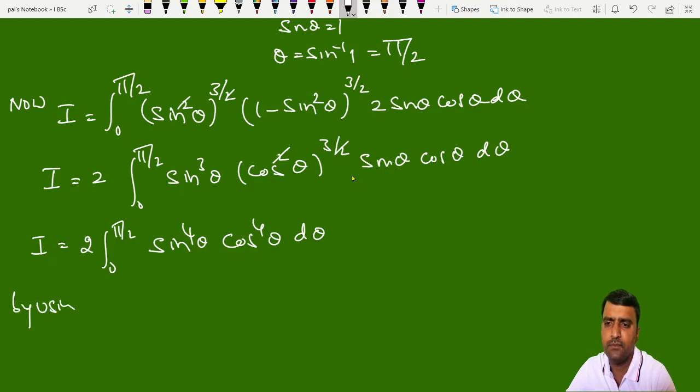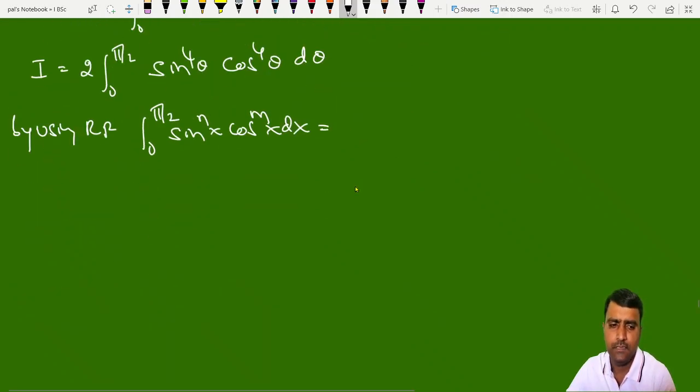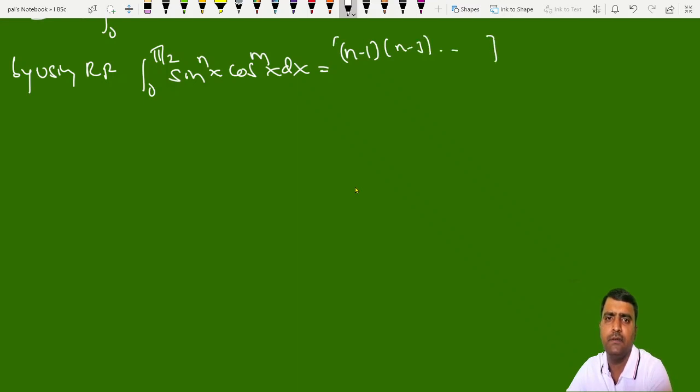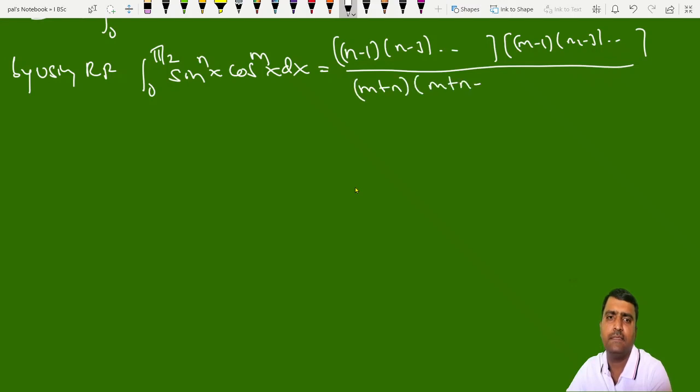The integration from 0 to pi by 2 of sin to the power n x cos to the power m x dx is equal to (n minus 1) into (n minus 3) and so on, into (m minus 1) into (m minus 3) and so on, all divided by (m plus n) into (m plus n minus 2) and so on, into pi by 2. That is when both m and n are even.